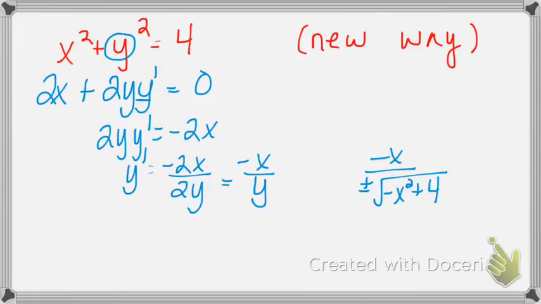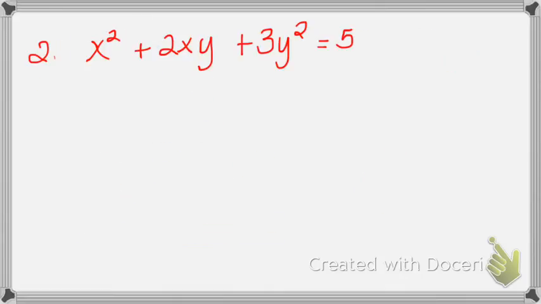And it's a lot less complicated to write it this new way because of the way the process works. It is going to have y's in the answer, and that's okay to have y's in the answer. So let's do another problem.